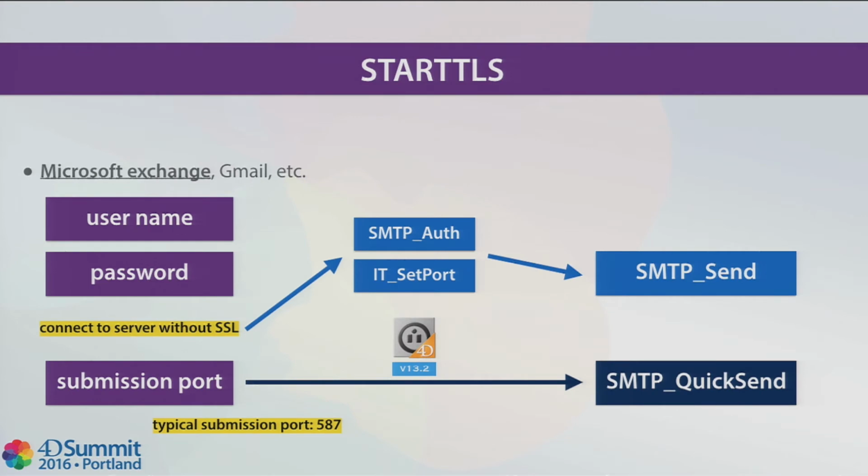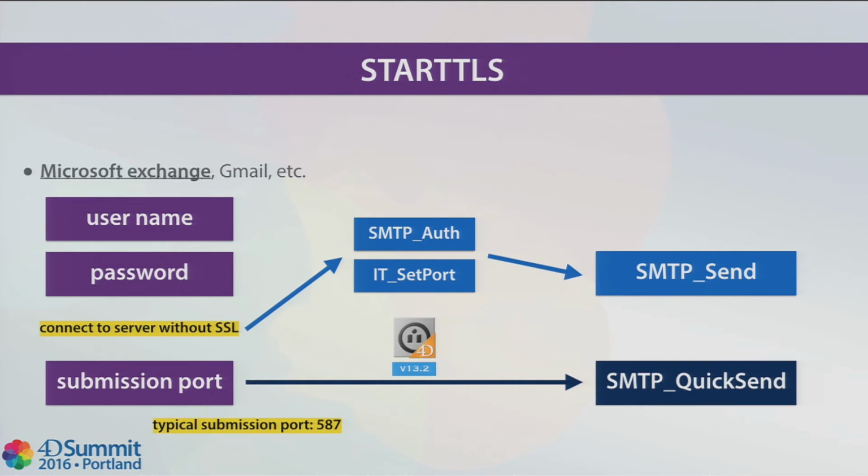Start TLS. So this is another way of using the SSL encryption technology to send email. Whereas the previous one was doing the entire communication between the client and the server through SSL, the way this works is that first the client, or 4D, for the internet commands in our case, connects to the server and says, I want to send an email.